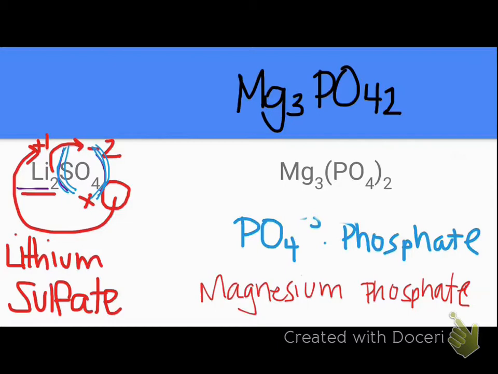Do we see how that can be a little bit confusing? So that number on the outside, once I add the parentheses, indicates to me that whatever is in the parentheses is its own unit. That's why we were easily able to identify that that was phosphate. But if you're looking at PO42, not so easy.